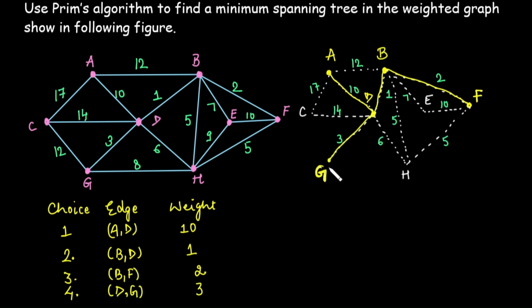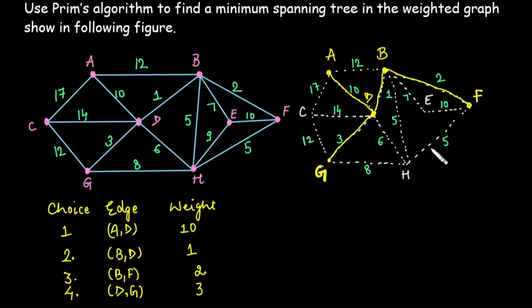After including vertex G as a part of the spanning tree, check all the outgoing edges from the vertex G, that is G to C and G to H. Now find the minimum weighted edge over the dotted lines: 12, 14, 17, 12, 5, 6, 8, 7, 10, 5.